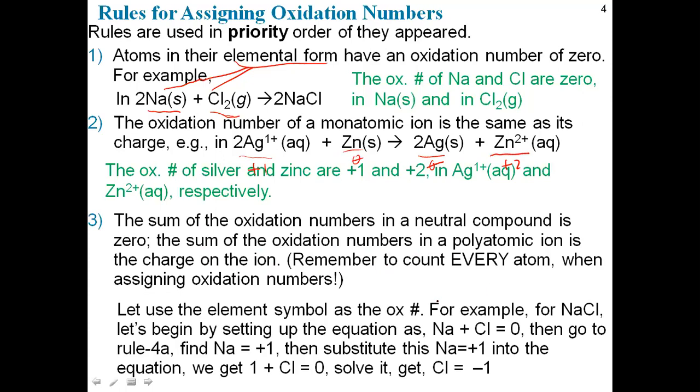Usually we use a convention: we use the element symbol to represent the oxidation number for each atom. For example, for NaCl, we set up the equation using Na for the oxidation number of each sodium atom and Cl for each Cl atom. So we have Na plus Cl equals 0.